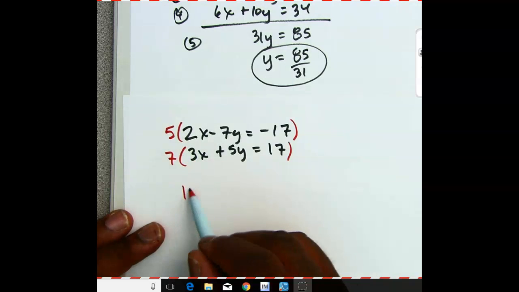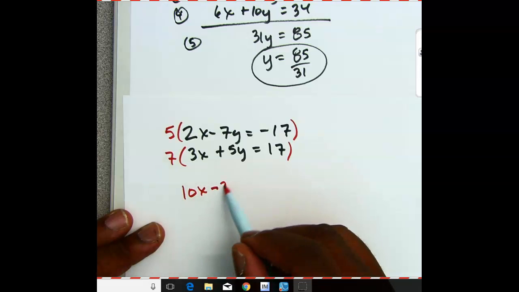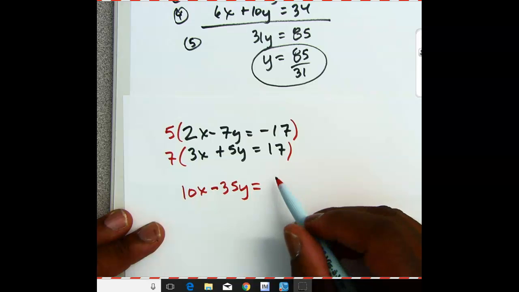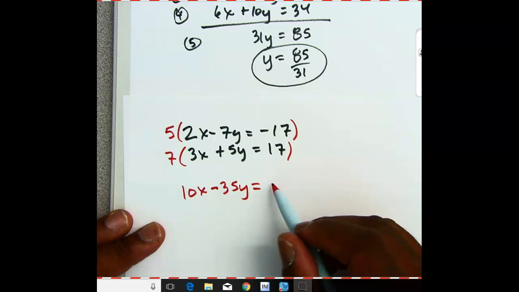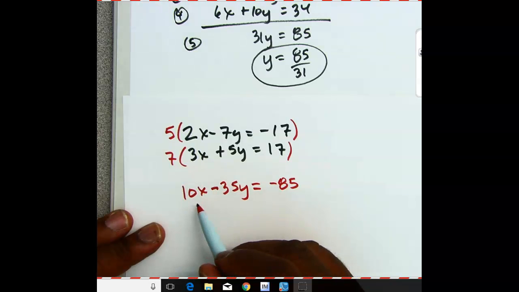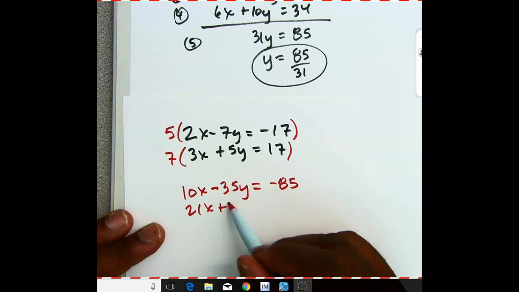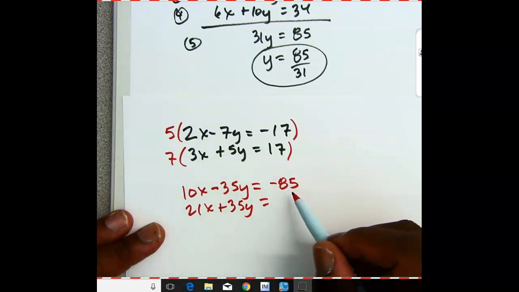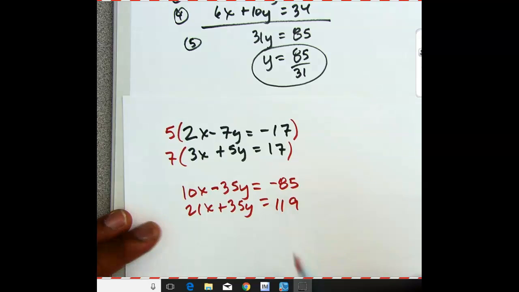So we're going to get 10x minus 35y is equal to 17 times 5. 17 nickels is 85 cents. 7 times 3x is 21x plus 35y. And again, 7 times 17 is 119.